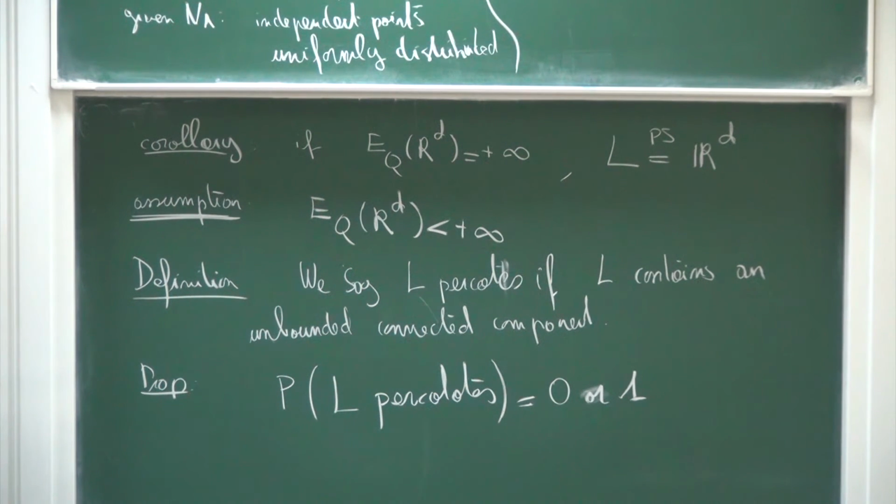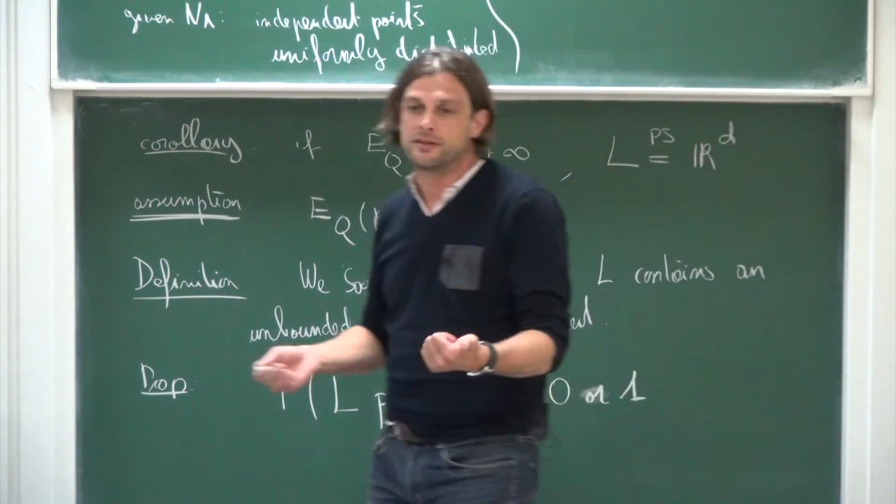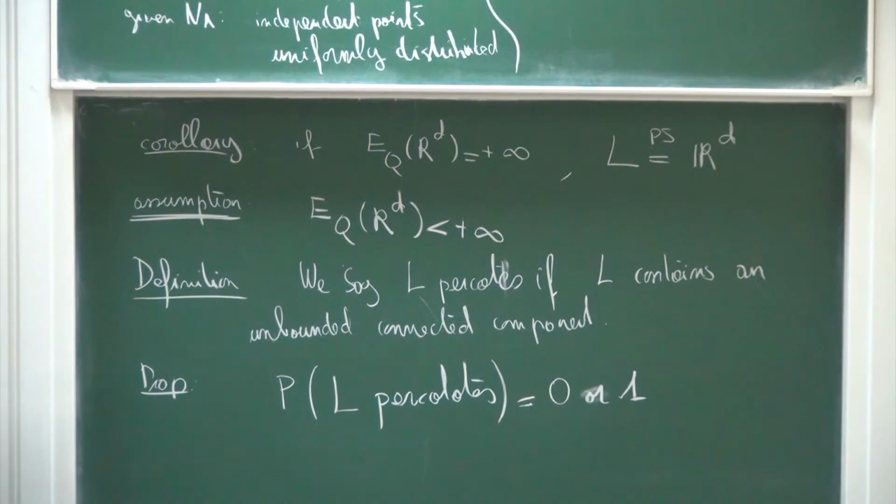If you change your model locally, that component still exists or not, as it was before. It's not related to the number of components; it says at least one, but we can prove it is in fact only one. So this event has probability 0 or 1.